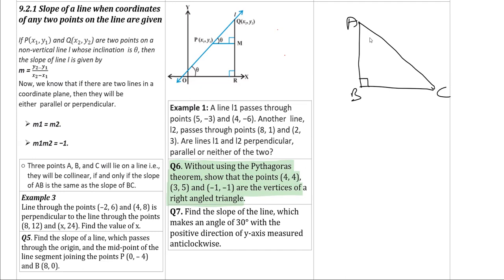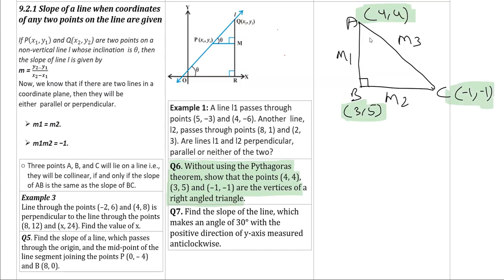So what we'll do here, let's say the slope of AB is M1, the slope of BC is M2, and for the slope of AC, I'm taking M3. Since we know the coordinates of these points, A as 4, 4, B as 3, 5, and C as minus 1, minus 1, we are going to find the slope of these lines.